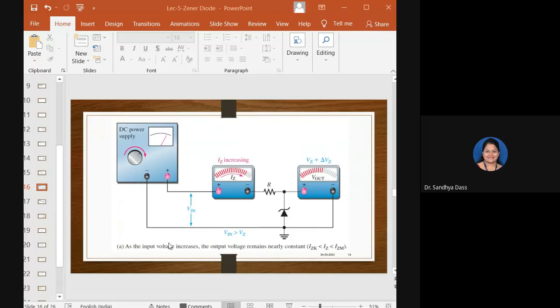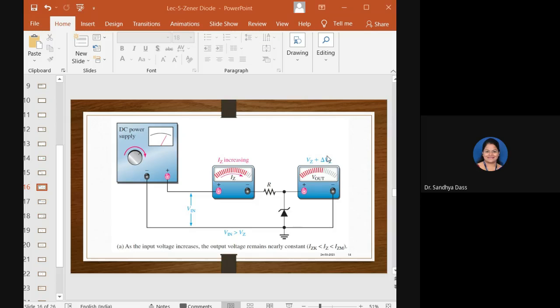Now, if the input voltage increases, obviously the current will also increase. The current via the Zener diode will increase, but the voltage across the Zener diode will be Vz plus delta Vz.